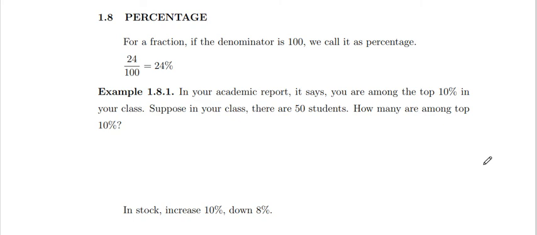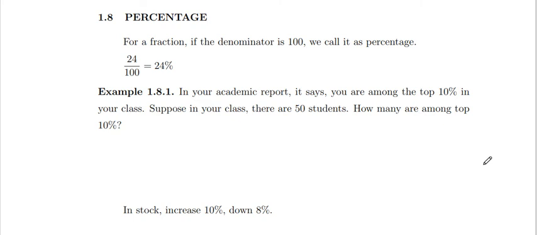So among the 100 shares, this one counts for 24 parts. We always say things like top 20% or increase 10%, so percentages are really common words in our daily life.